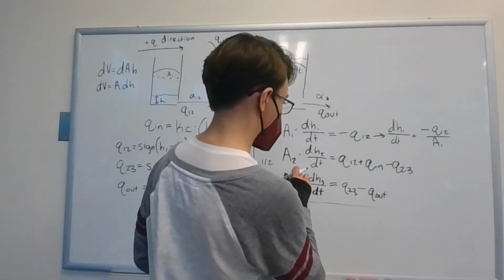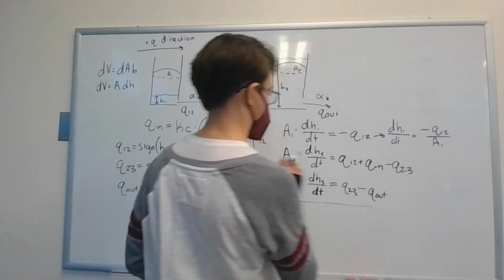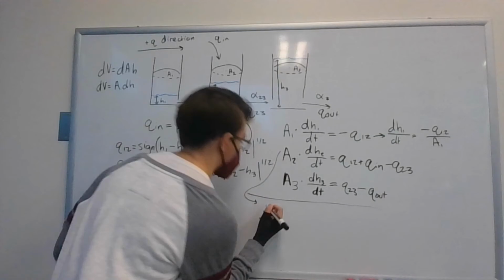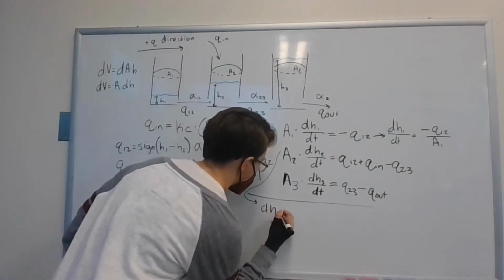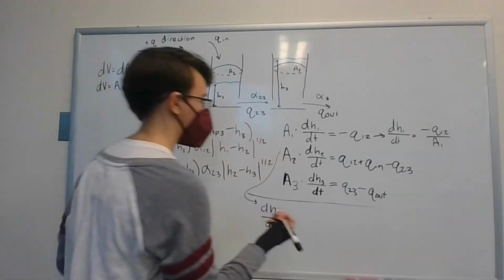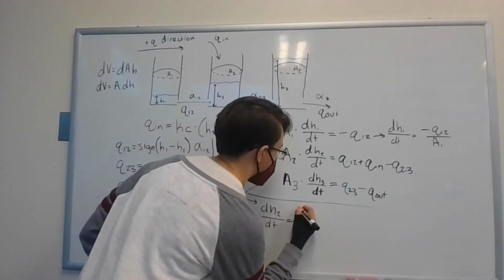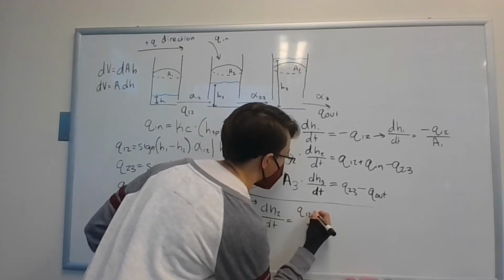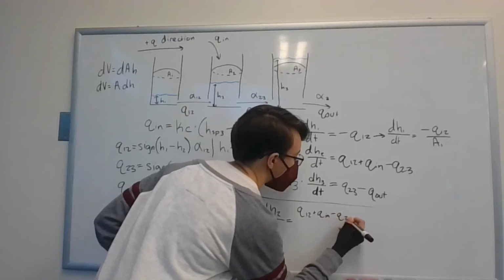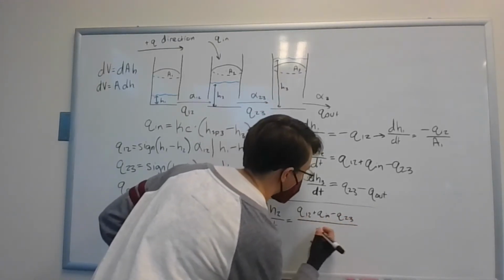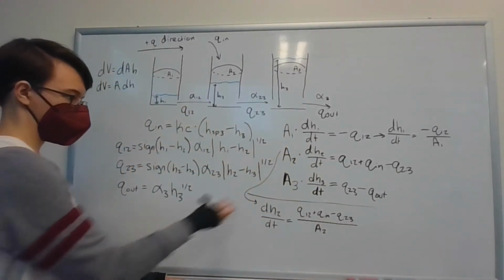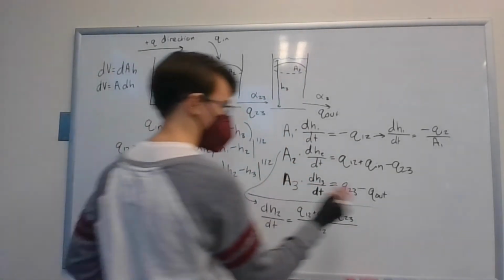Similar thing over here. But I don't think that one's going to fit right here, so I'm going to write this one down here. We're going to have the change in height of tank 2 over the change in time is equal to Q12 plus Q in minus Q23 over cross-sectional area of tank 2. And then same deal for this one.